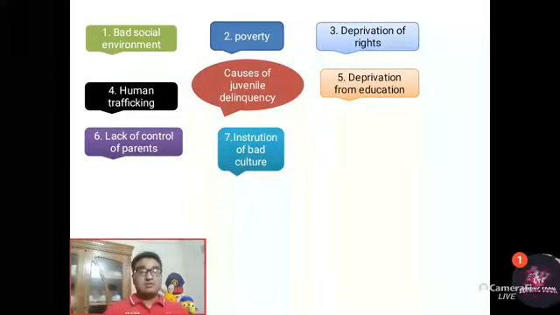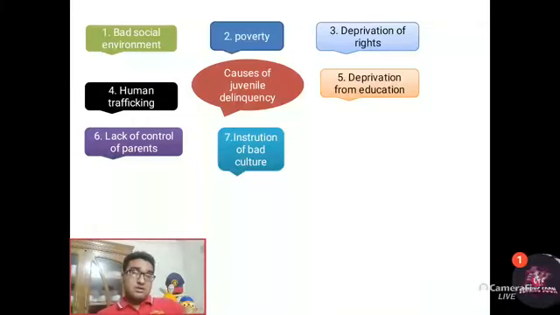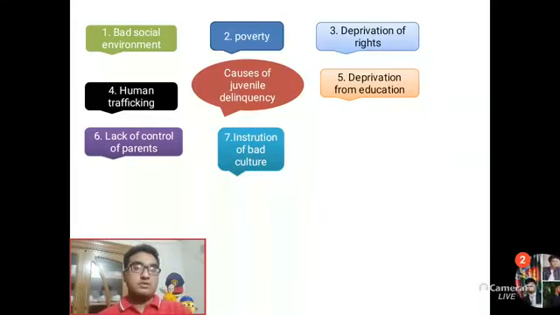Again, gang culture is now a common scenario in some parts of Dhaka, and this gang culture has been exported from Western cultures. So this is called the intrusion of bad culture, and this can be one of the causes of juvenile delinquency.